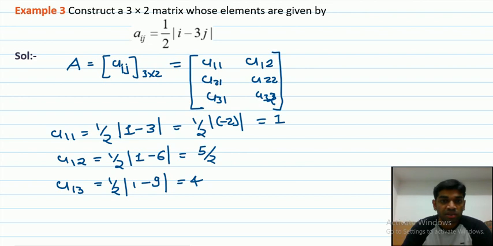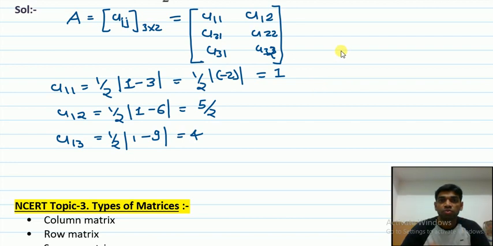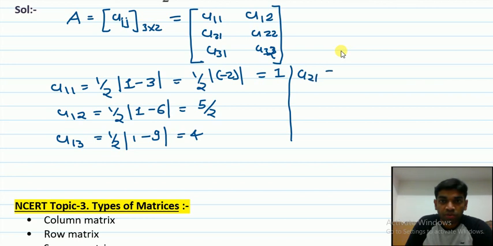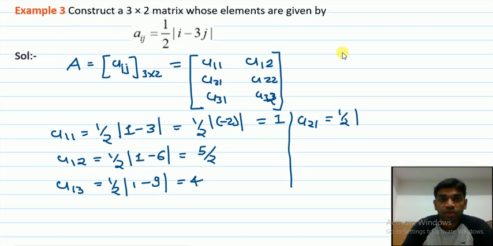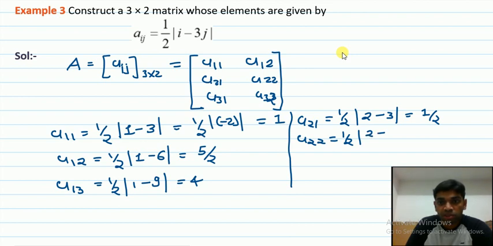So similarly we get all the elements like this. a21, that is again 1 by 2, i is equal to 2, so 2 minus 3, which is negative, mod of negative is positive, 1 by 2. Then a22, i equal to 2 and j equal to 2, so that is 6. Negative 4, mod makes positive 4 by 2, that is 2.